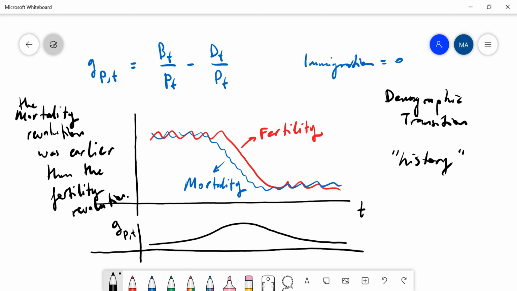Okay, for this reason, if you look at the very long run history, so for instance, if you want to look at this for England or Western Europe more generally, there could be some transitions, but that episode would be roughly 1875, all right, or let's say mid 1800s, okay?